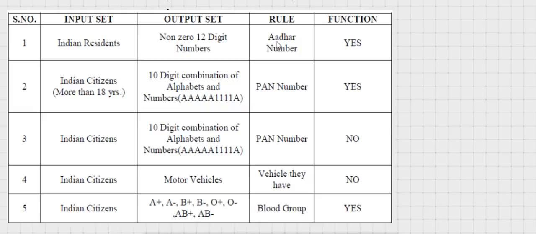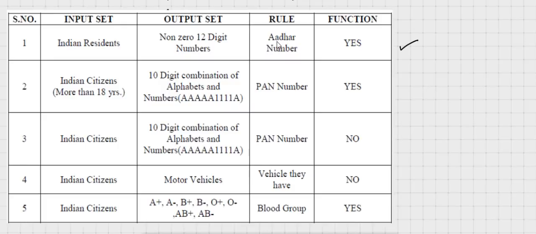Here all the Indian residents must have an Aadhaar number, so the first condition is satisfied. What is the second condition? They should have only one output. Practically, one will have only one Aadhaar number, not two or more, right? So this is a function. The first example is a function.